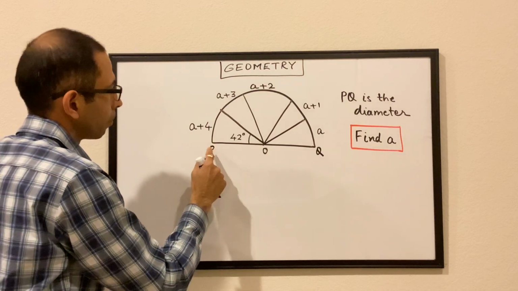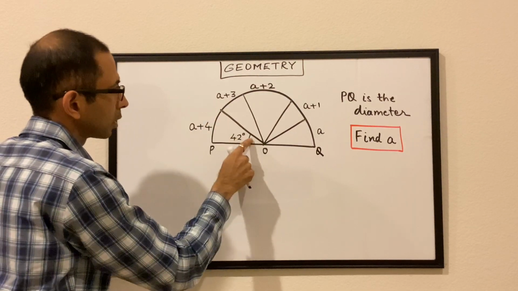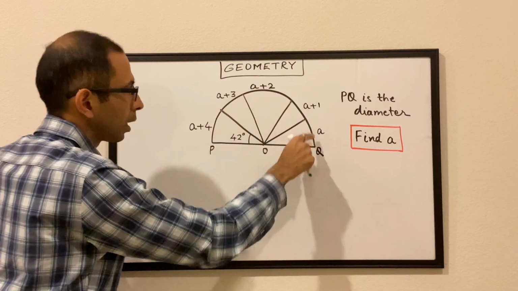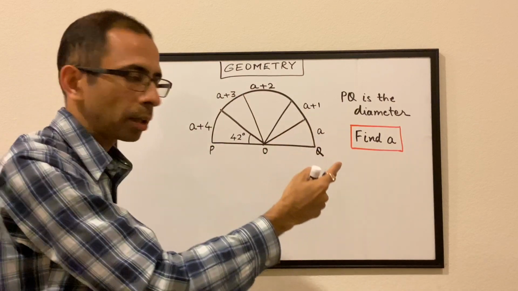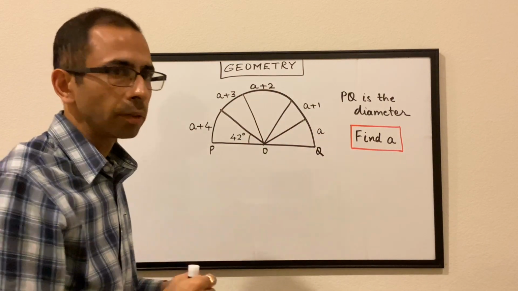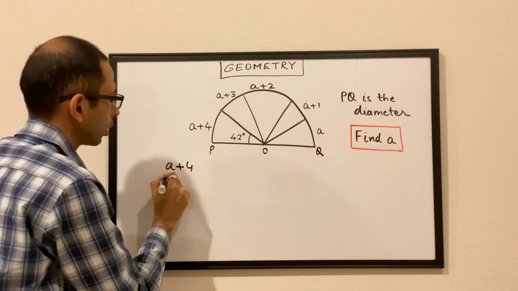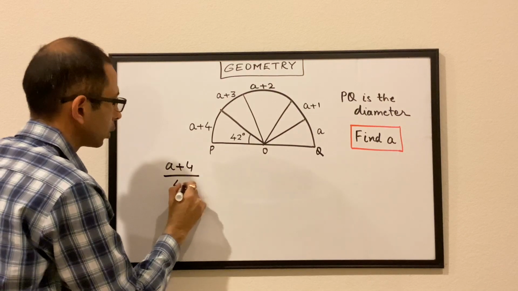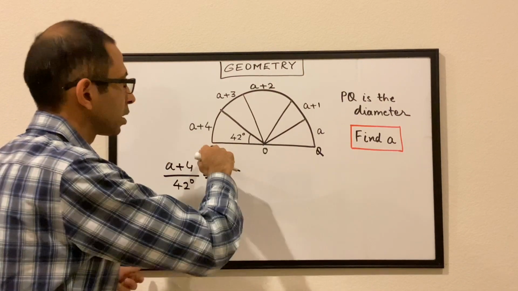So essentially this arc length to this angle would be the total arc length to this total angle. And since this is a semicircle or this is a straight line, this overall angle would be 180 degrees, right? So A plus 4 divided by 42 degrees, right? This ratio is going to be the same as the total arc length.